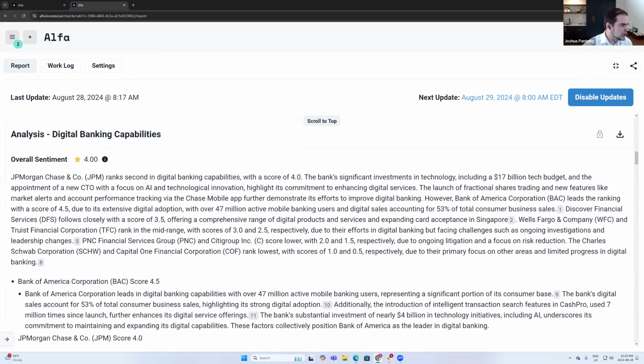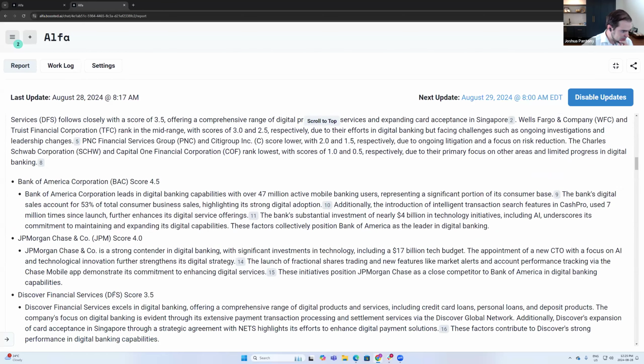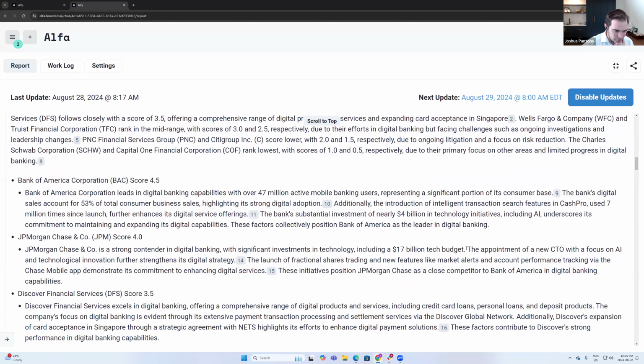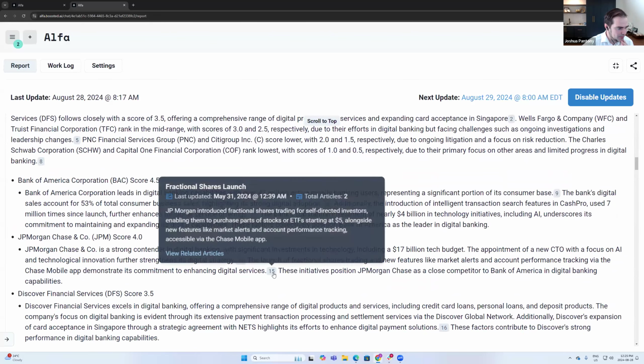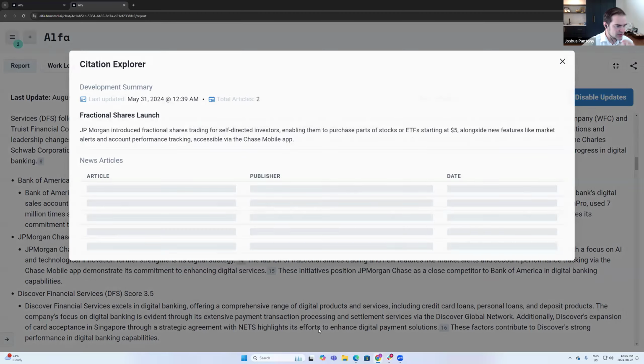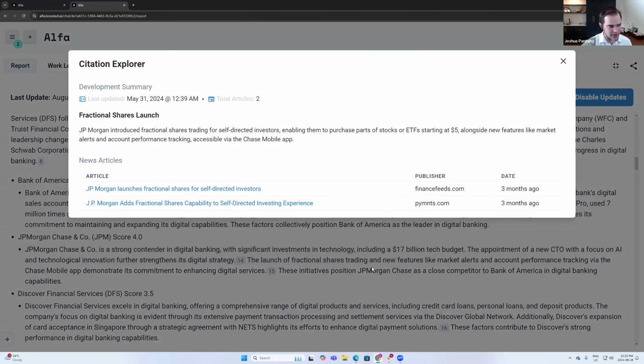So for this example, we made a claim that JP Morgan Chase appointed a new CTO. We made a claim about focus on AI. We made a claim about the launch of fractional shares trading. And the way it works is you've got step one that's making that utterance. Step two, there's a system that's saying, okay, this is a fact I need to double check.